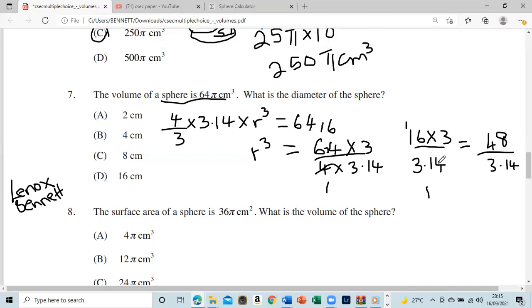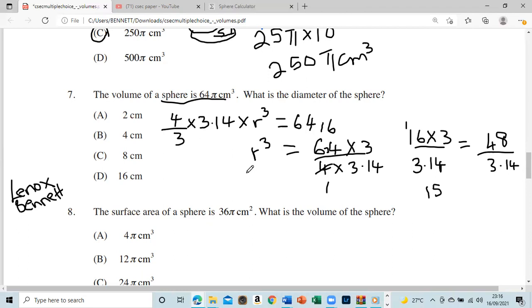We're not supposed to use any calculator, so I'm going to take the time to divide the two. So it's 48 divided by 3.14. That's about 15.